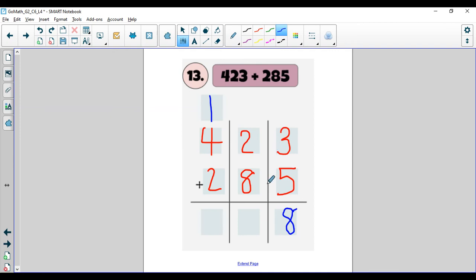And when I think about the number 10 in my head, there is a 0 in the ones place, or in the tens place in this case, because I had 10 tens. So we write the 0 here. And then we add our hundreds. 4 plus 1 is 5, plus 2 is 7, for a total of 708.